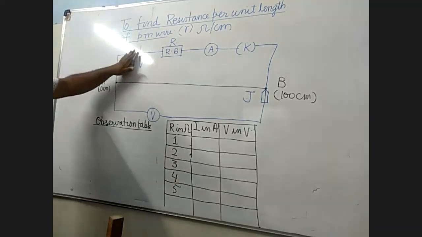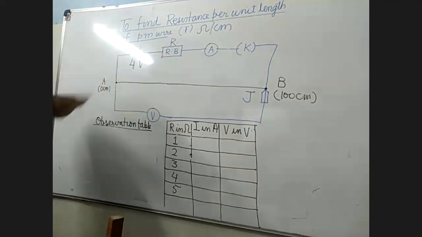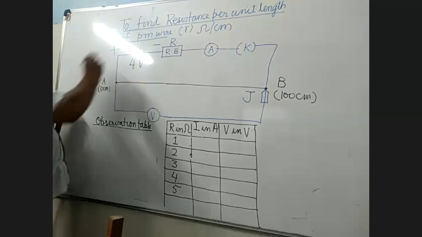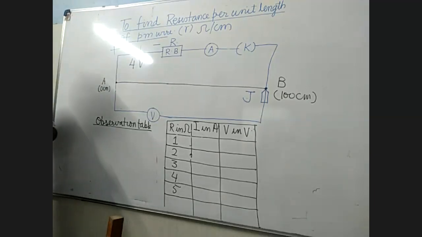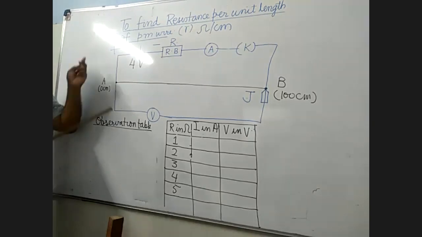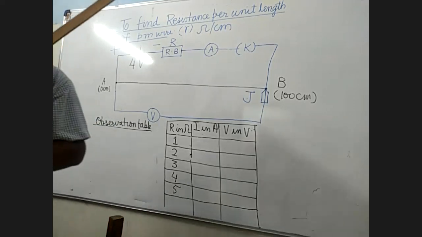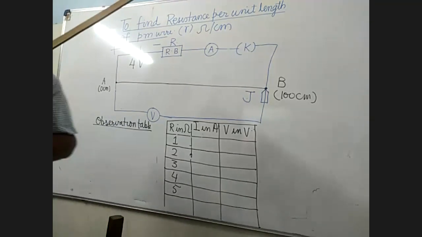This is the cell. The light is falling here, you must be seeing. This is the positive of the cell and this is the negative side of the cell. It is clear. So the light is falling over this, so that's why it is not clear. What should we change in the light? It should be visible.